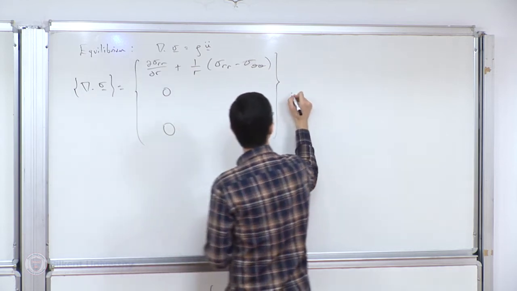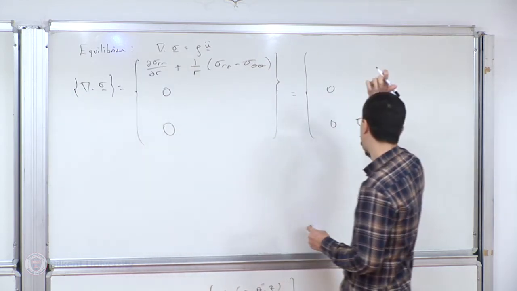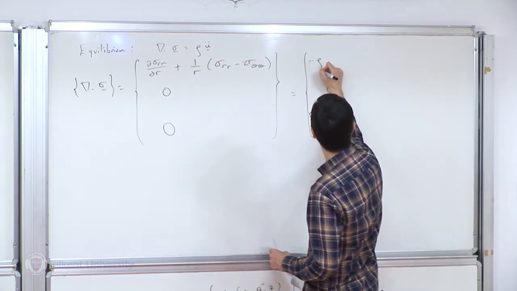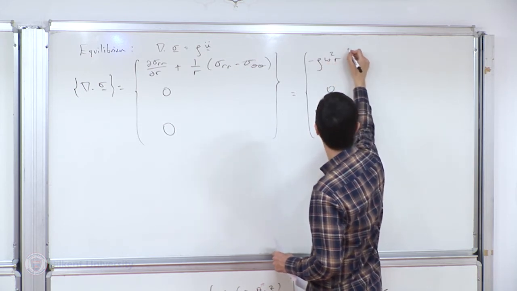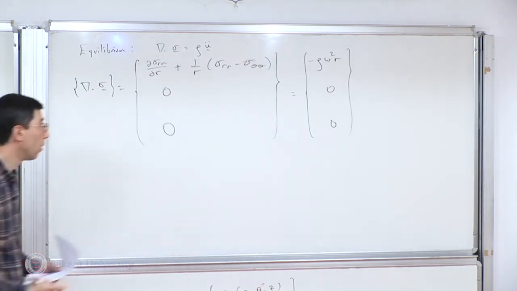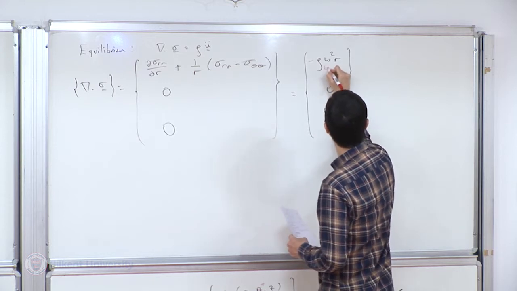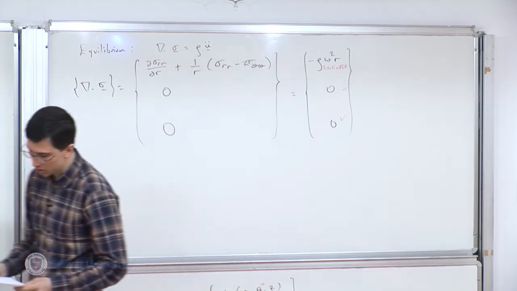Now, one difference from our previous cases is that these last two are identically satisfied. This one is not equal to 0, but rather it's equal to minus rho omega squared r. So these are automatically satisfied, and this is the one that we now need to enforce.